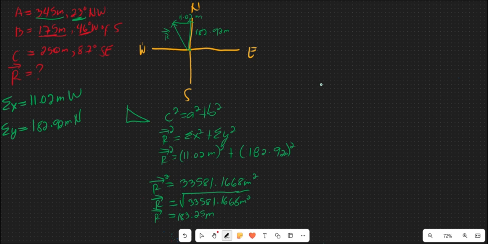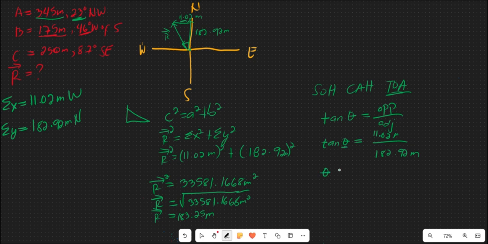183.25 meters. To find its direction, let us use TOA from the trigonometric identity SOHCAHTOA, which is tangent theta is equal to opposite over adjacent. Now we have the equation tangent theta is equal to 11.02 meters, since it is on the opposite side of the angle, over 182.92 meters, because it is on the adjacent side of the angle.